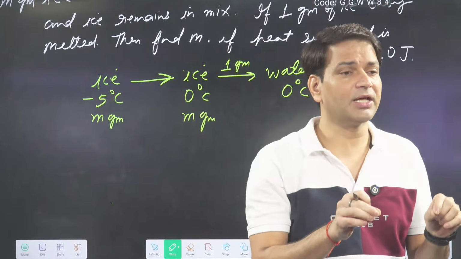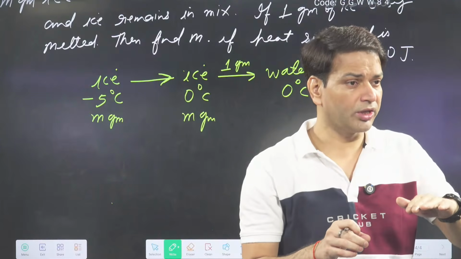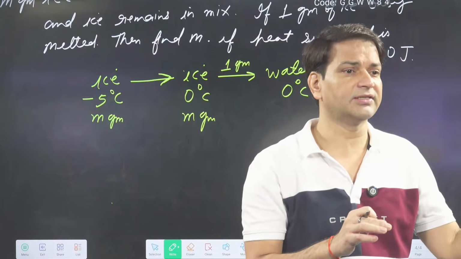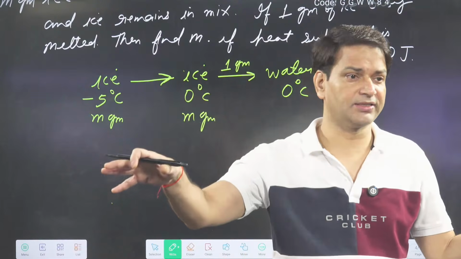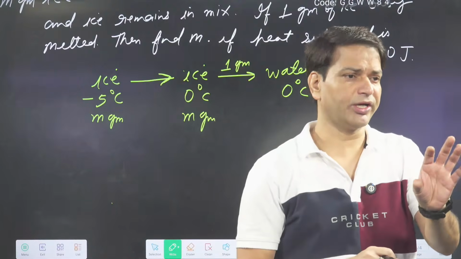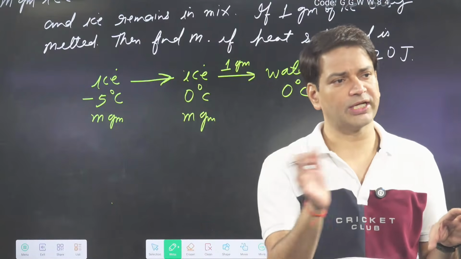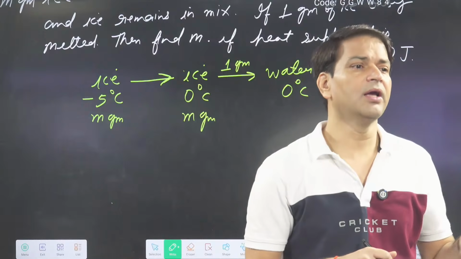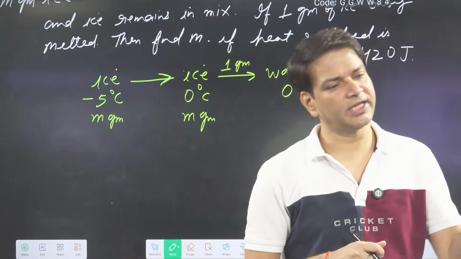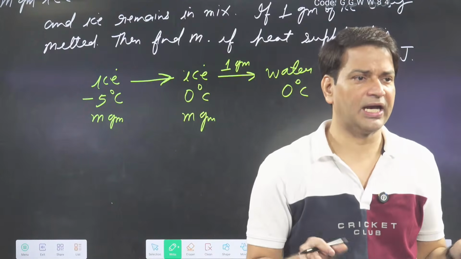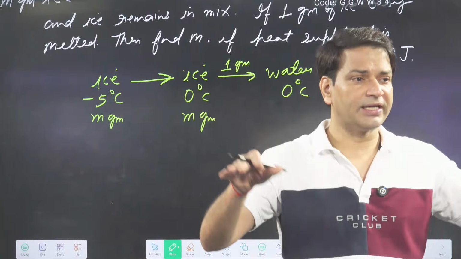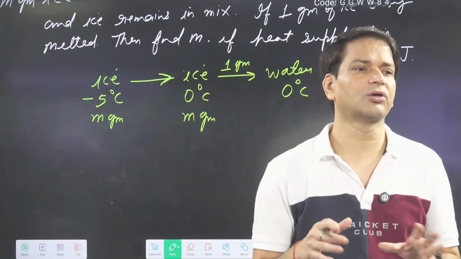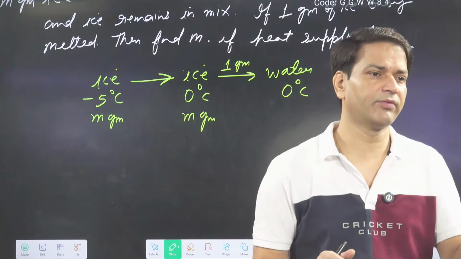But we have to keep in mind that whichever unit I use for a quantity on the left hand side, I must use the same on the right hand side. Like if I put specific heat and latent heat in calorie per gram, both sides will have calorie per gram. If mass is in kg, the other side also has mass in kg. Ultimately when we equate, heat given equals heat taken, the common units cancel out, and we get the answer.